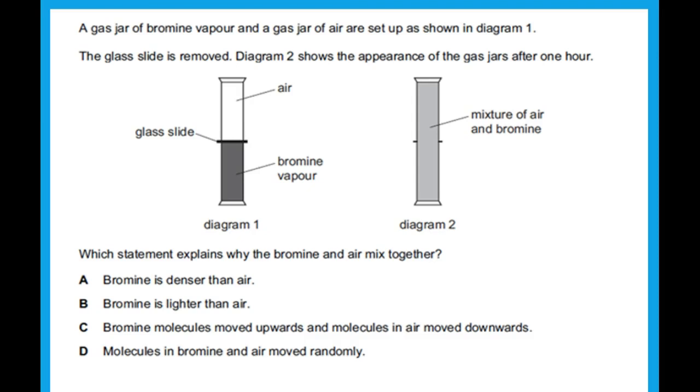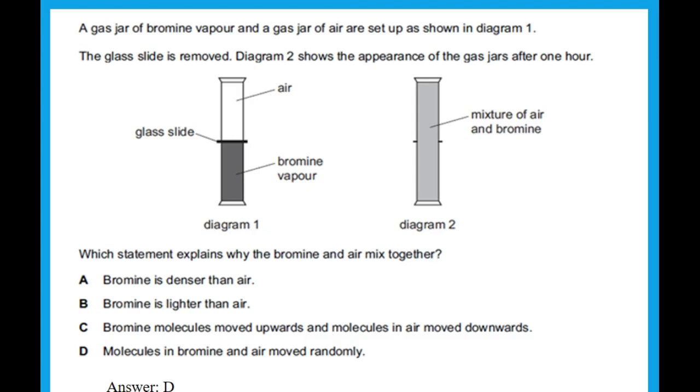Some students choose this answer, but that's not really true, because you should realize that molecules move randomly in all directions. So I cannot specify that the bromine molecules are moving upwards and the molecules of the air are moving downwards. So actually the answer is the molecules in bromine and in air are moving randomly. So that is my answer.